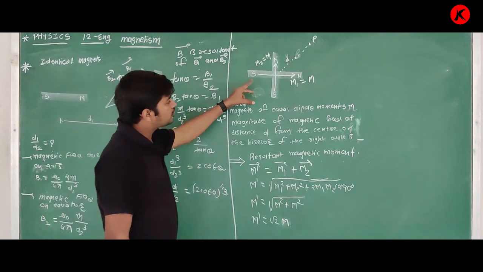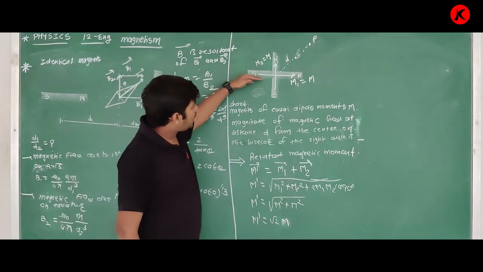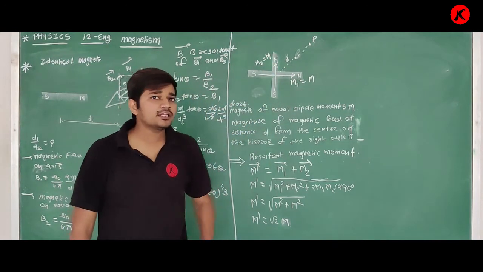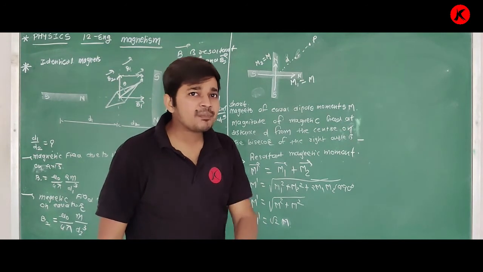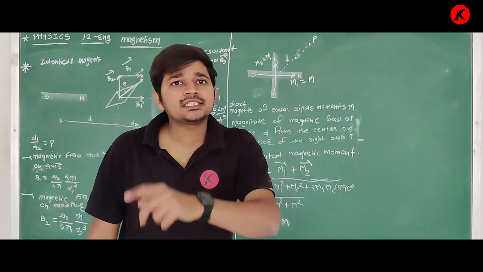Now I can draw the equivalent figure like this. See, m1 is in this direction, m2 is in this direction, and they both have the same magnitude. According to the law of parallelogram, if two vectors have the same magnitude, then their resultant is on the bisector at right angle.